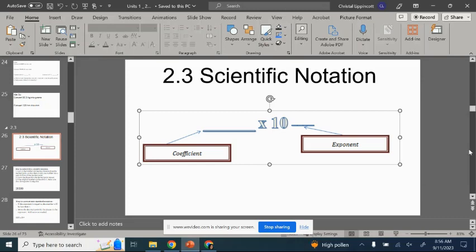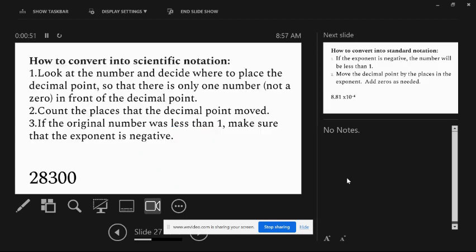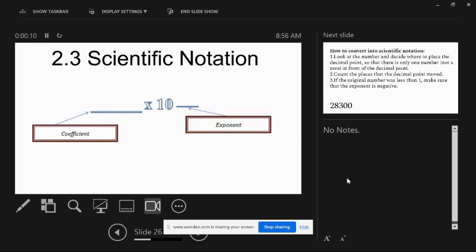So we talked last week about scientific notation. You did a little activity with it. We found that we have a coefficient, and then we're multiplying that times 10, and then there's going to be an exponent. If the number is less than 1, the exponent will be negative. If it's greater than 1, then it'll just be a whole number.